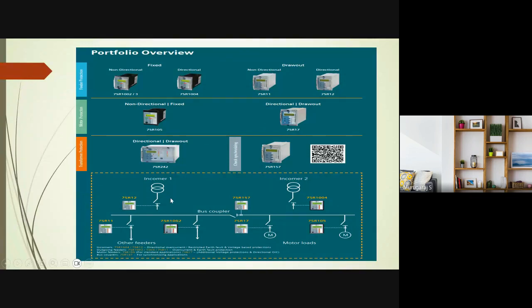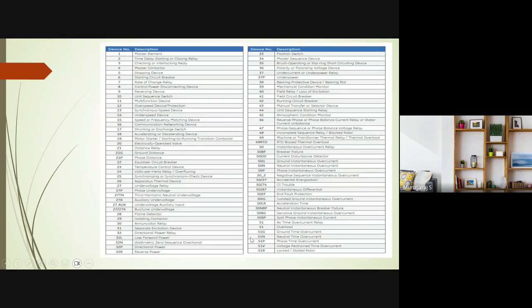So the relays can be used like this. After your transformer, the feeder protection relays are used, and if it is a power feeder, the same numerical relays will be used, and if it is a motor feeder, those motor protection relays will be used.